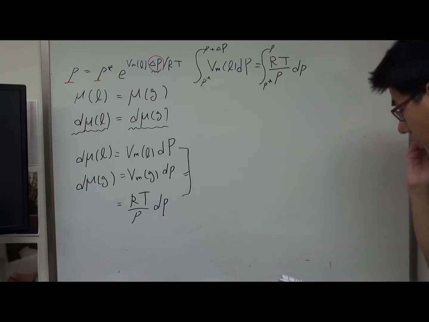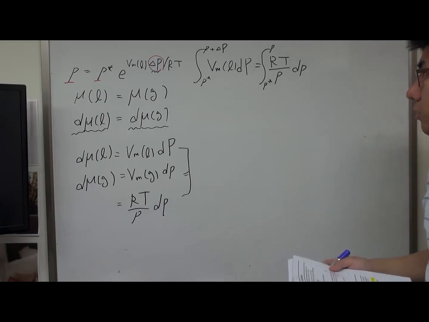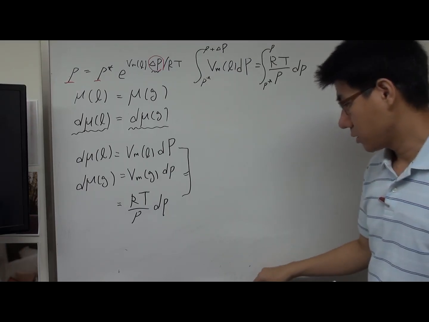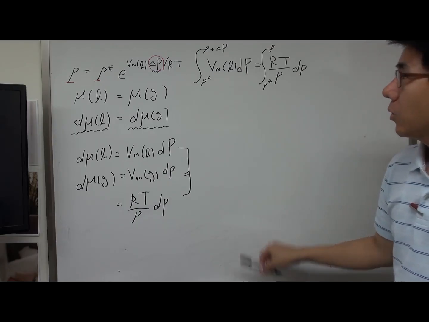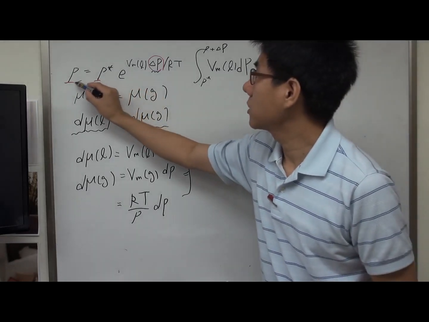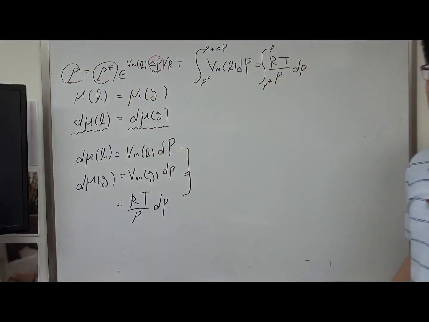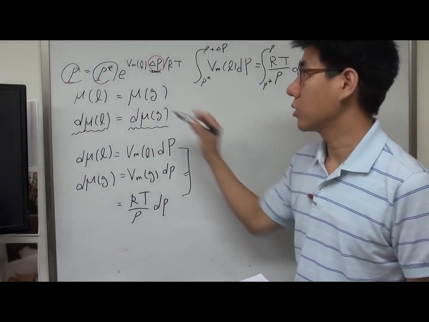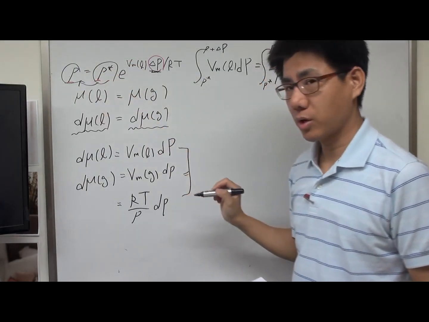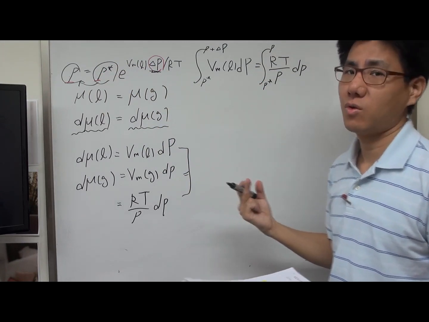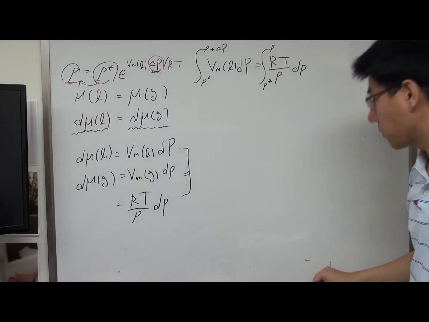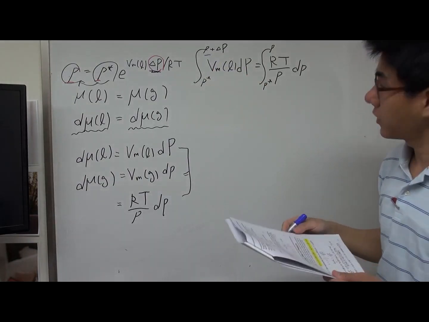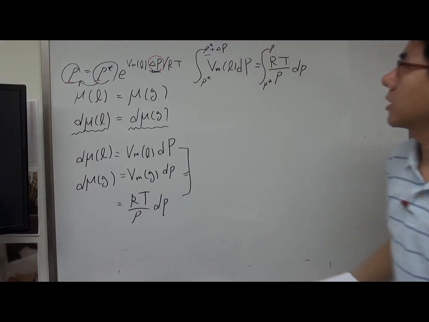Alright. Here, we'll see it later. But anyhow, we just assume that this p and p star are very close to each other. Although by applying pressure on the liquid, we increase the vapor pressure, and that increase is very small. So we can assume that this p is very close to p star.